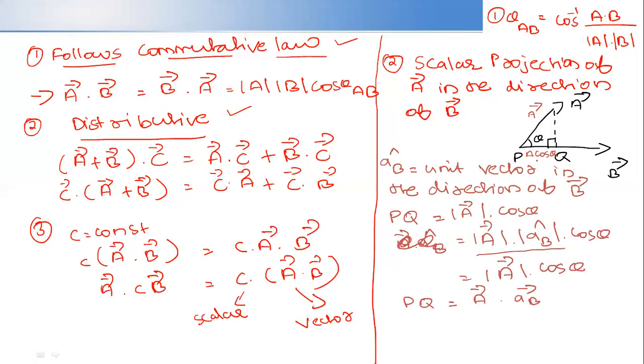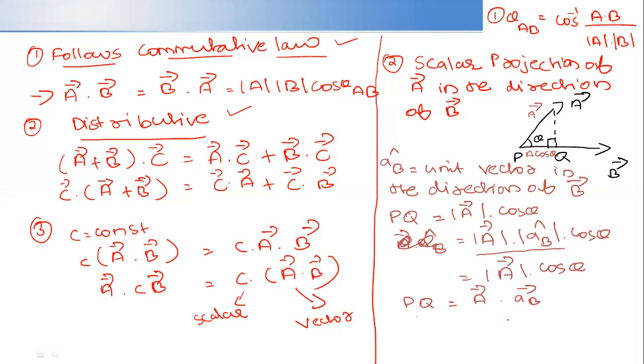So PQ is A cos theta. Then we need to give the unit vector in the direction of B. That is PQ is equal to A cos theta dot AB, so PQ is finally A dot AB. That is the scalar projection of A in the direction of B, that is PQ.